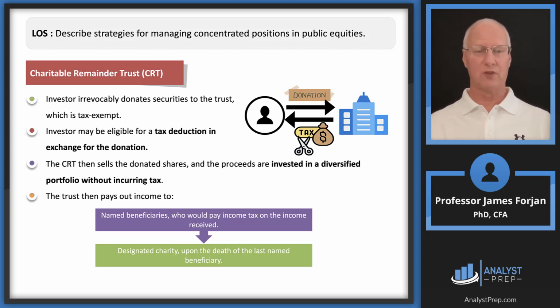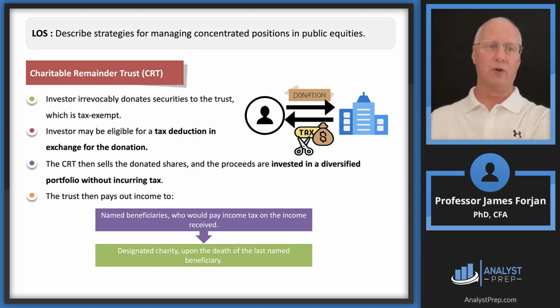Charitable remainder trust, just look down at the bottom, purple and green box. This is exactly what you need. You put some assets into this trust, and the named beneficiaries would pay the income tax, and then upon death, the beneficiary receives that asset. Let's go back to my miniature golf course example.